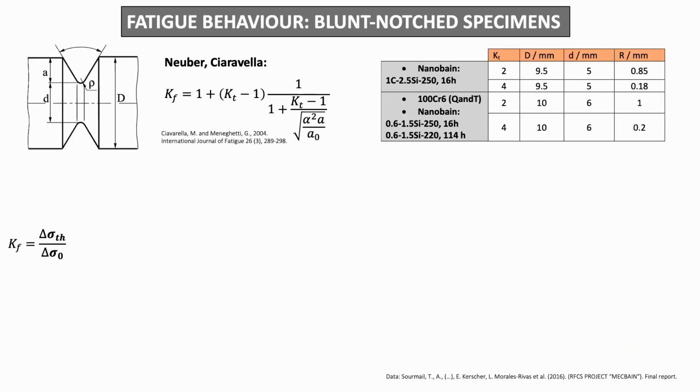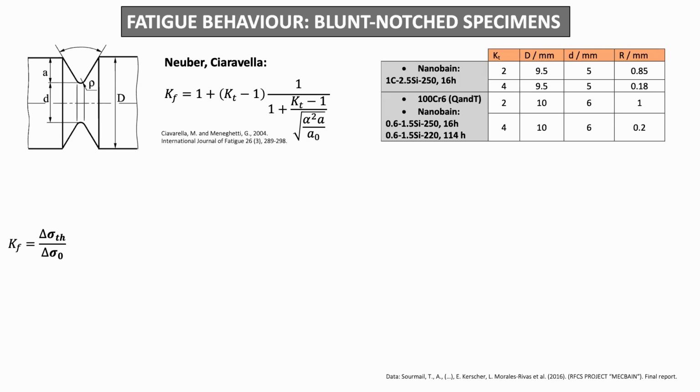And now I will present results on fatigue. The idea is to determine what is affecting the notch sensitivity in this material, and we will compare it to the response of other, more conventional high-strength steels, like tempered martensite, 100Cr6.